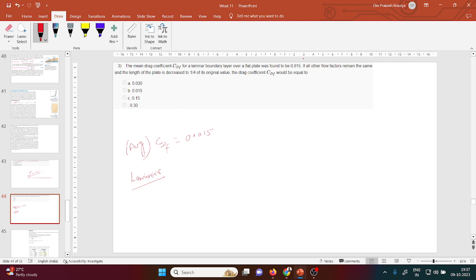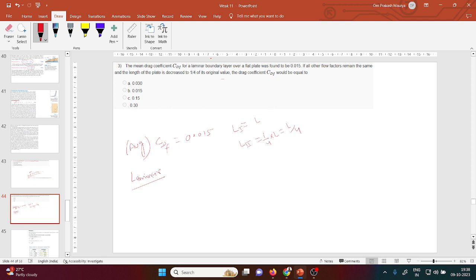If all other flow factors remain the same, and the length of the plate is decreased, let's suppose the length in the first condition was L and in the second condition it is decreased to 1 by 4 L, that is L by 4, of the original value.